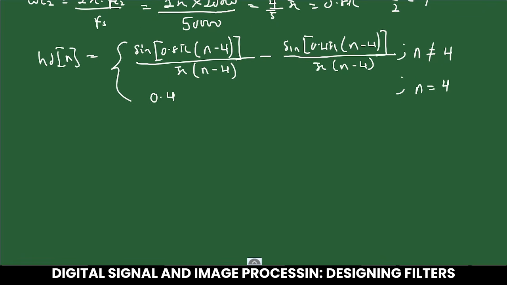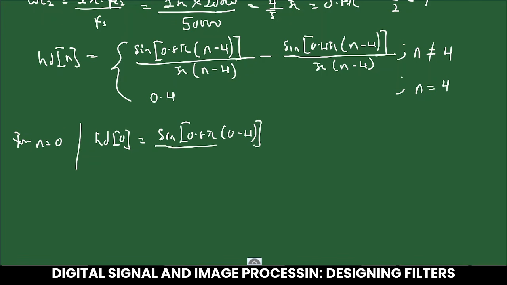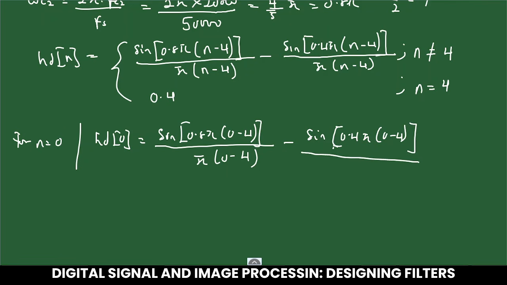So let's say for n equals 0, hd of 0 is equal to the sine of 0.8 pi into bracket 0 minus 4, all closed, all over pi into bracket 0 minus 4, minus sine of 0.4 pi into bracket 0 minus 4, close it, all over pi into bracket n minus 4.